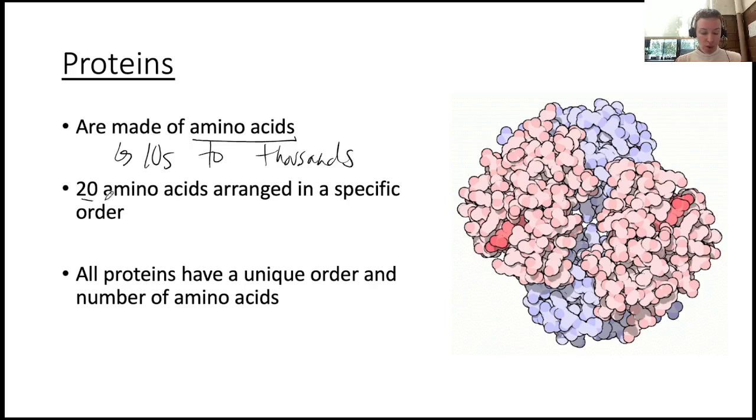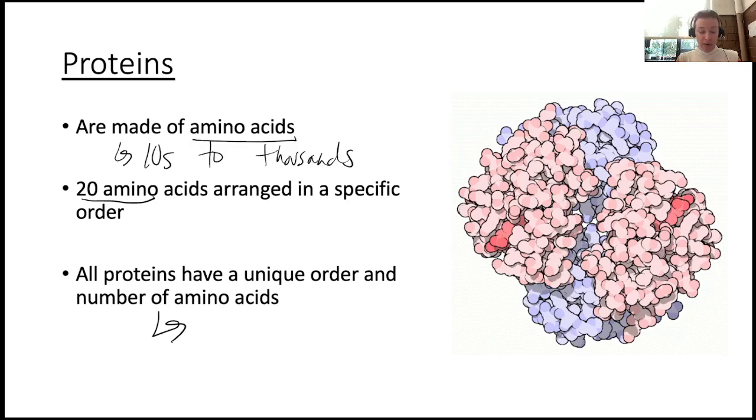There are 20 total amino acids, and their order matters. The order of amino acids for each protein is unique, as is the number of amino acids in each protein.